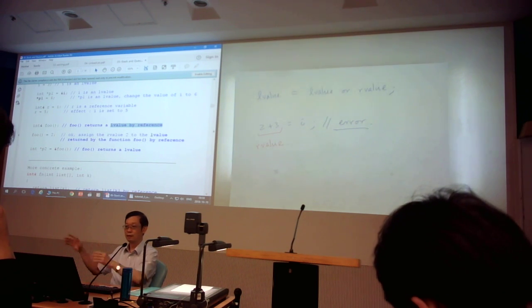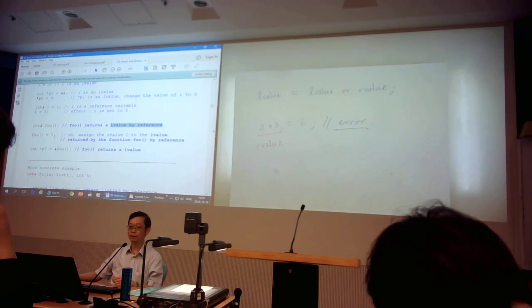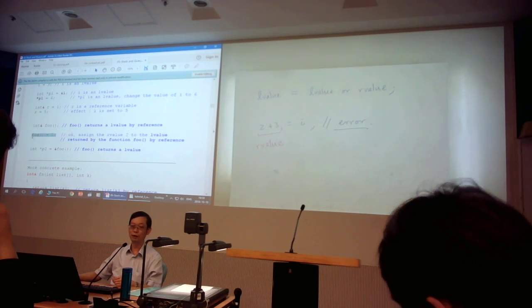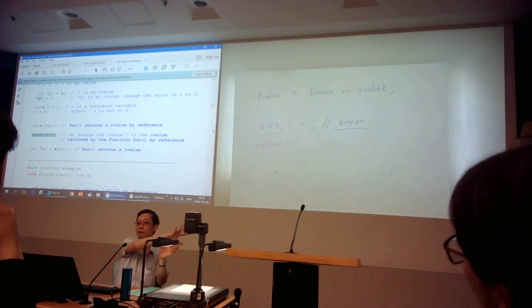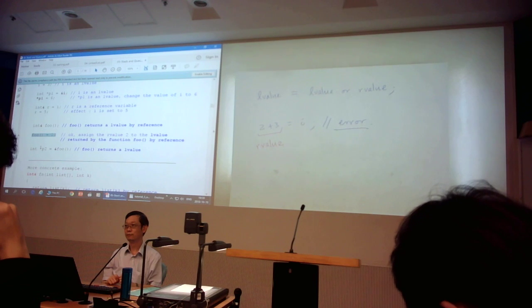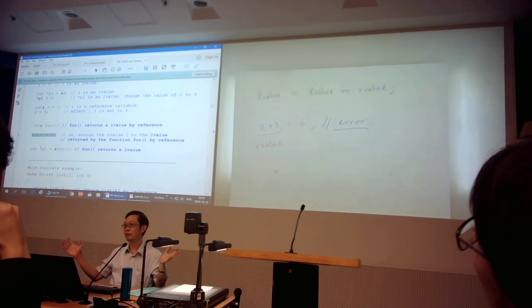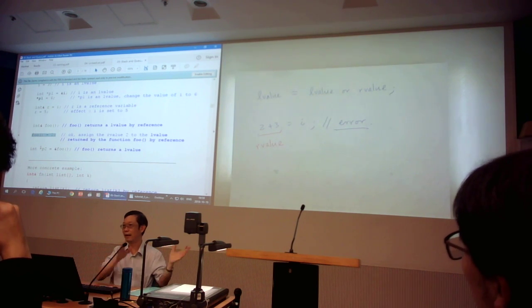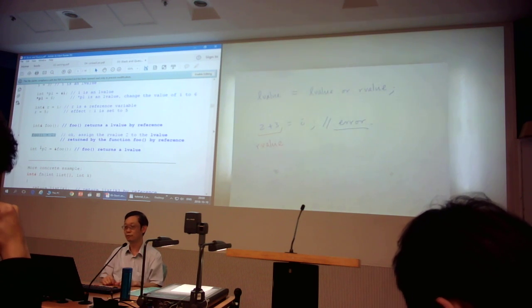If it returns an L value by reference, then it is legitimate to assign a value to the return value of that function. So far you may not have written statements like this, but later you will start to use this kind of operation.